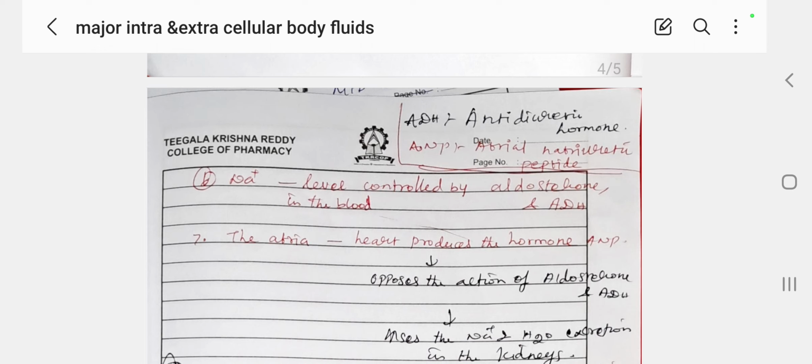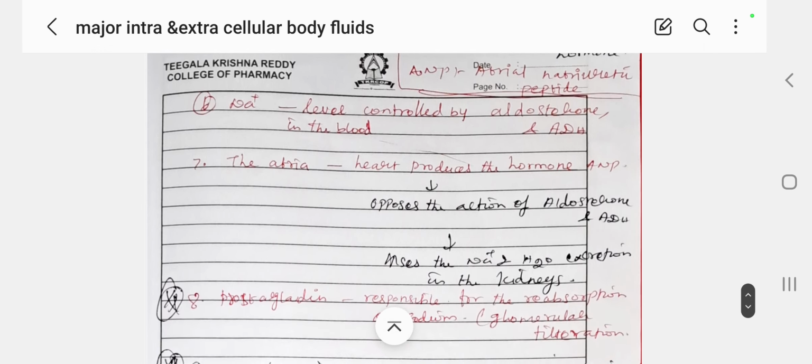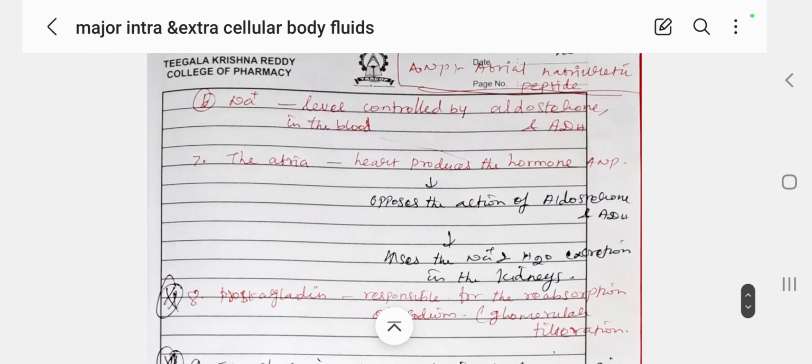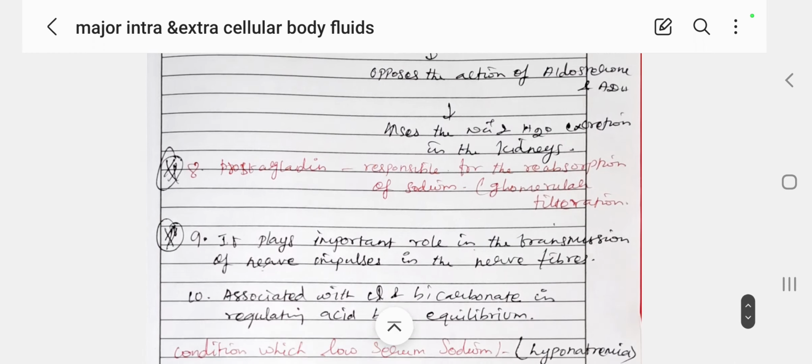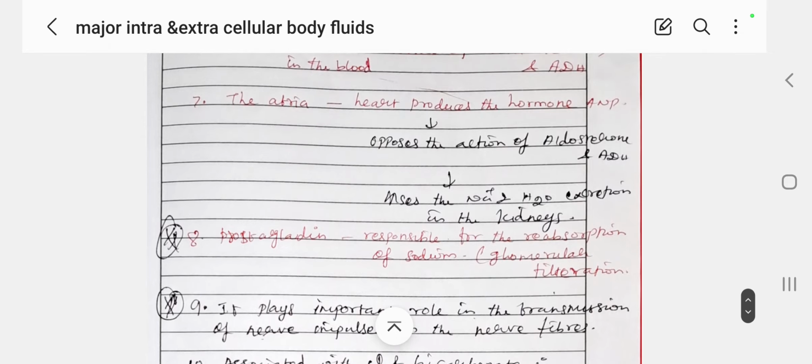It opposes the actions of aldosterone and ADH, whereas the sodium level is mainly controlled by aldosterone and antidiuretic hormone. Since it opposes their action, it increases sodium ion and water excretion in the kidney.